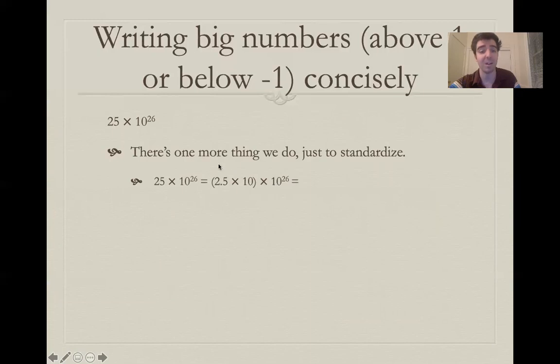Remember that it doesn't really matter what order you do the multiplication in. I could go 10 times this, times 2.5. So let me maybe move the parentheses over. And now if you remember your multiplication rules for exponents, this is the same as 2.5 times 10 to the 27. Okay, so now I have pushed this into scientific notation.